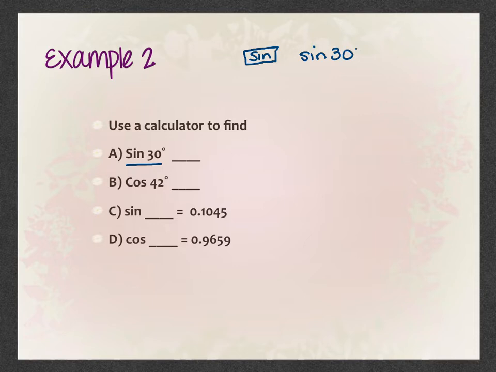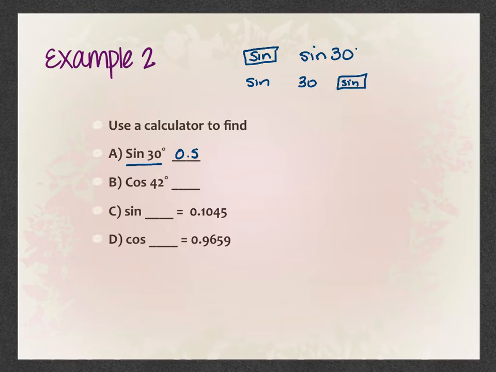So sine of 30 should give you 0.5. The other type of calculator, when you hit sine, it actually tries to find the sine of what's already there. The name itself does not appear. So if you have that kind of calculator, you're going to first type 30 and then hit the sine button. Either way, you should get 0.5.